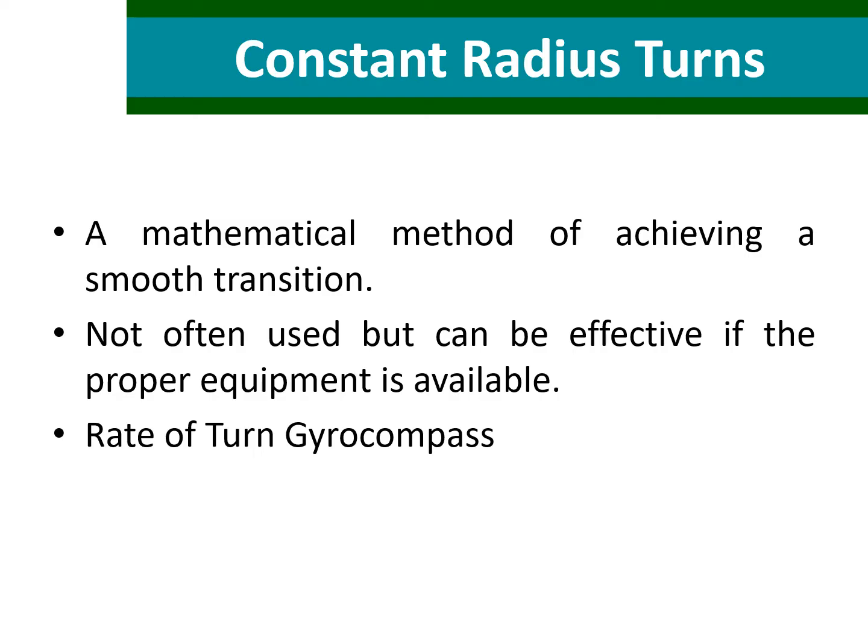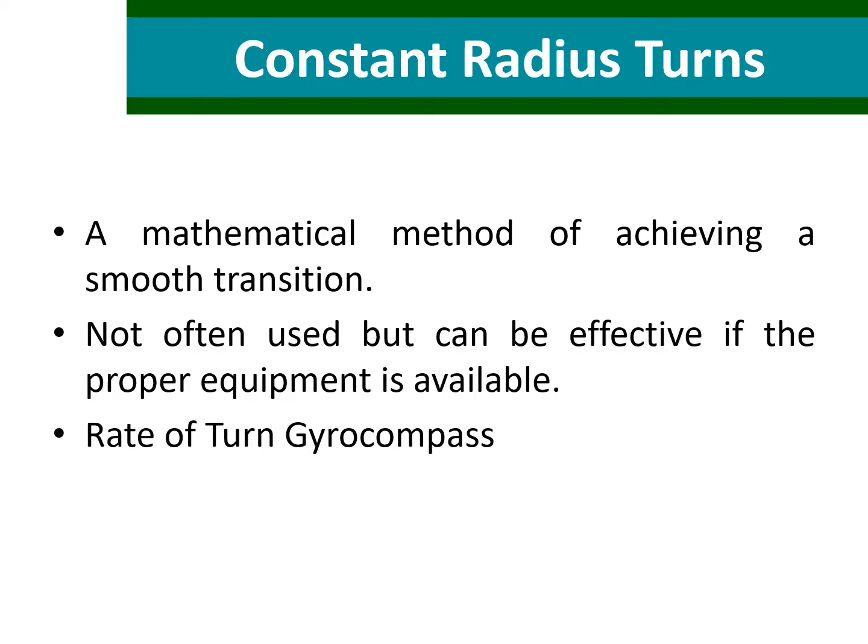For constant radius turns, it is a mathematical method of achieving a smooth transition. When we say transition, we mean change of courses. So basically, when a vessel is required to change its course from one course to the other, a smooth transition is required to avoid any wastage of fuel, extra distance or heavy load on the steering systems.